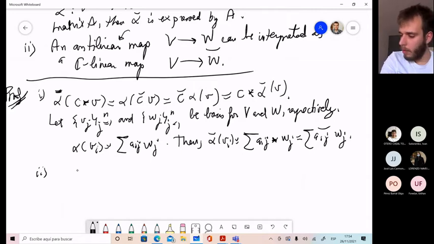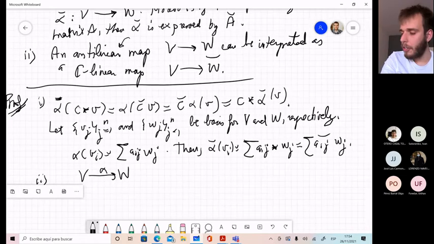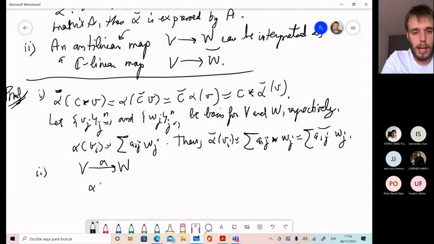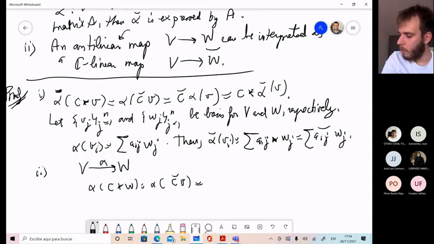For the other one, imagine that we call this antilinear map alpha. So we have alpha of c star w, which is alpha of c bar w, using the definition of the new multiplication.